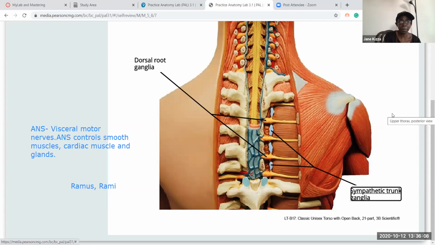If you go over the lecture, I have explained them all, but here the autonomic nervous system is the visceral motor system that controls your internal organs. It has two divisions, sympathetic and parasympathetic. Sympathetic exits from the spinal cord from the thoracolumbar region.